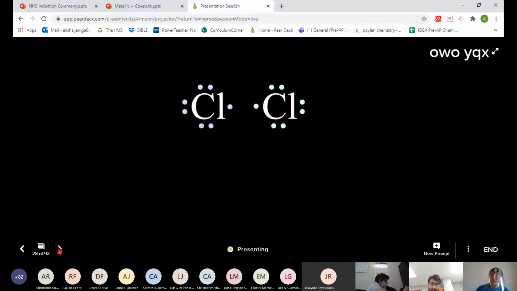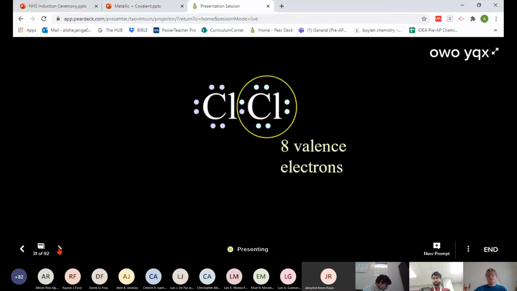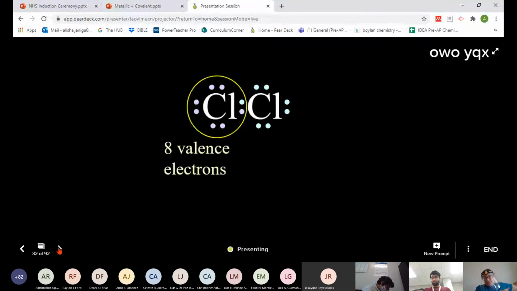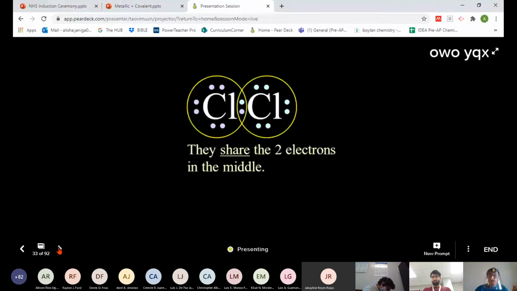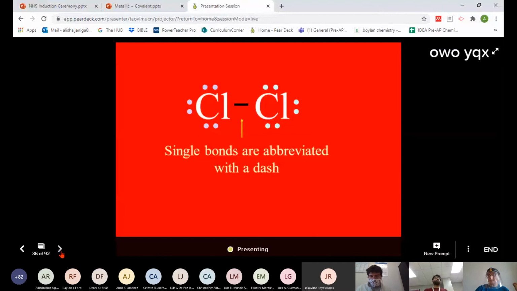So we got these high-tech animations of our chlorines coming together. And hey, look, now the one on the right has 8 valence. The one on the left has 8 valence. So these 2 electrons in the middle are shared, and we show this with a line.